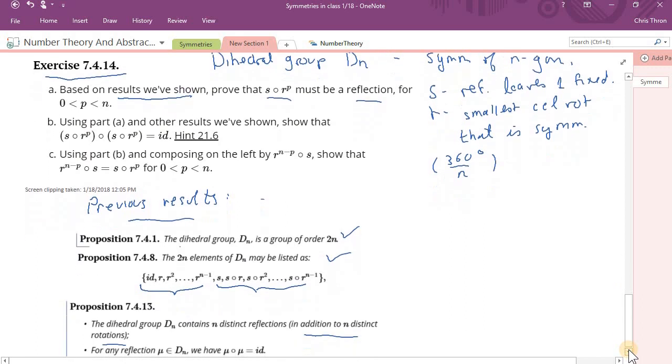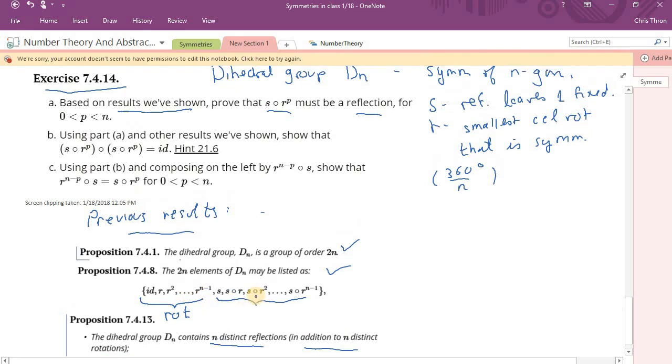And this one says that Dn contains n reflections in addition to n rotations. All right. Now, we've already identified the n rotations. These are all rotations. We know that because if you just keep on rotating, if you do a rotation followed by a rotation, it's still a rotation.